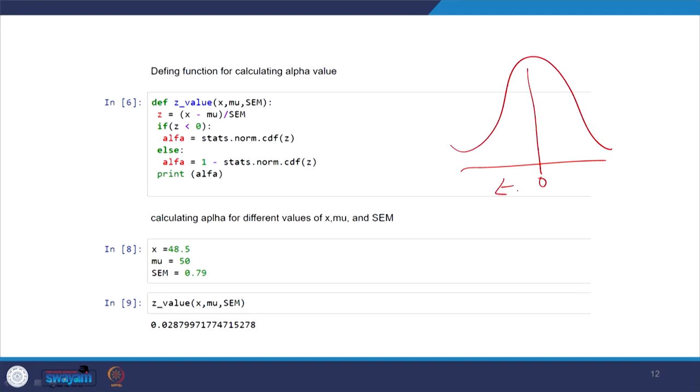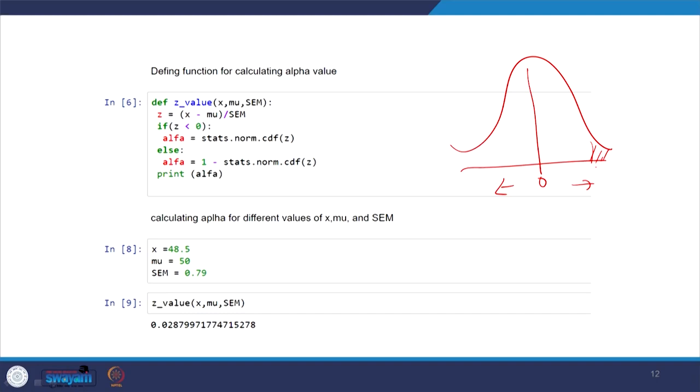simply the p value is nothing but the cumulative distribution function of z. So, when you type alpha equal to stats.norm.cdf(z), you will get the alpha value. If the z value is greater than 0, we have to find the right side area. If you want to know the right side area, the whole area has to be subtracted from 1.